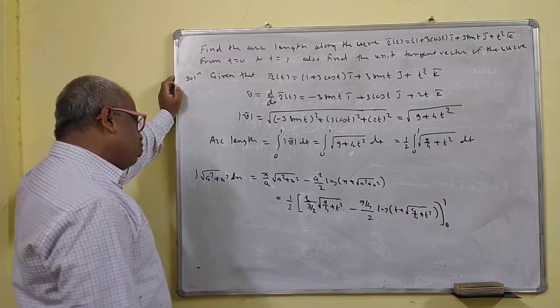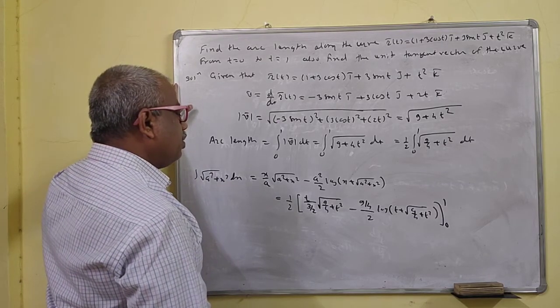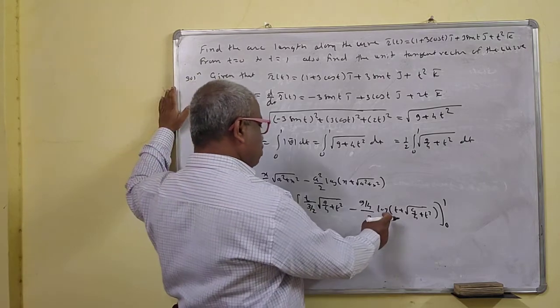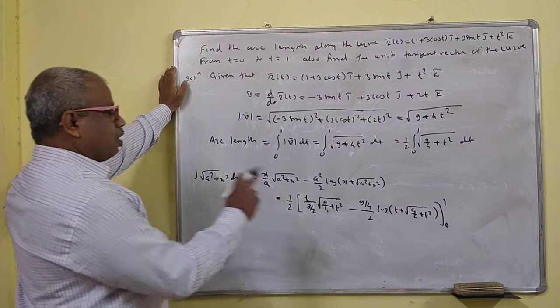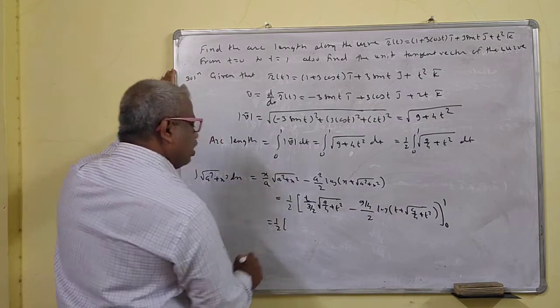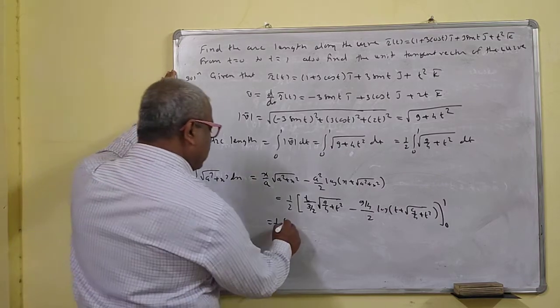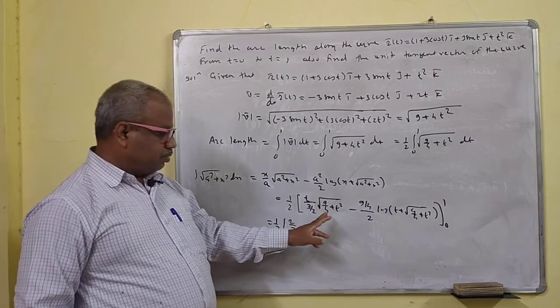Now if you put t is equal to 0, what happens? We have to put both the limits. We'll put the upper limit, t is equal to 1.